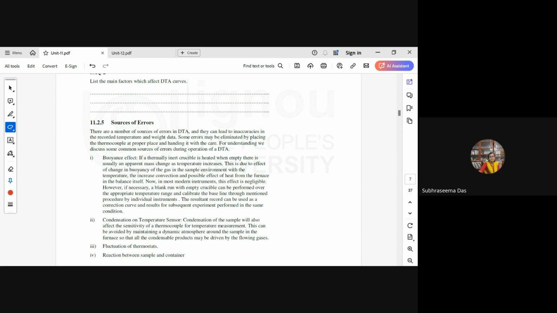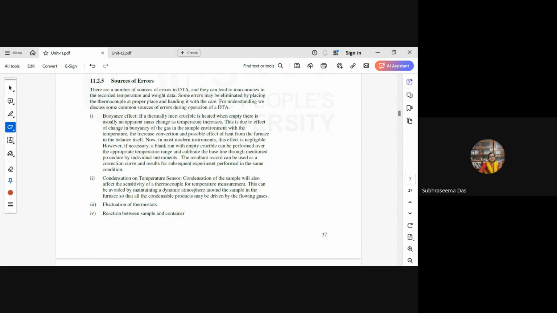This change in mass when an empty crucible is heated is called the buoyancy effect, and it is due to the environment of the gases around the sample. This error is minimized by first performing a calibration curve. That is, first a blank run is made using an empty crucible, and then the measurement is recorded by taking the sample. So the buoyancy effect can be removed in this manner.